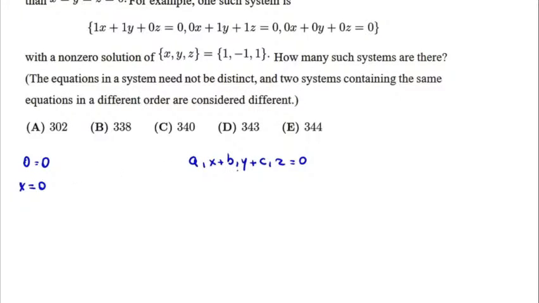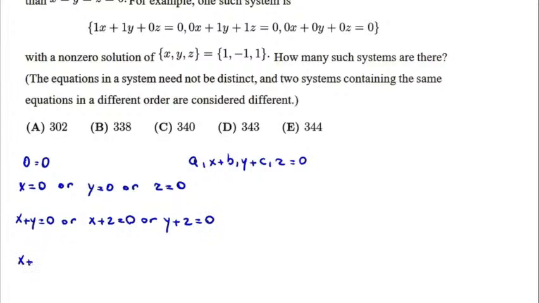If two of them are 0, then, for example, if these two, b1, c1, are 0, then we conclude x has to be 0, meaning a1 only is 1. If b1 only is 1, y is 0, or if c1 only is 1, z equals 0. If two of them are 1, the other one, x plus y is 0, or x plus z is 0, or y plus z is 0.